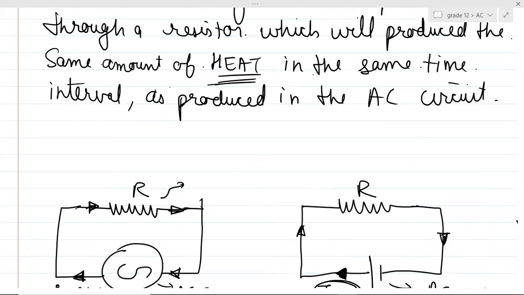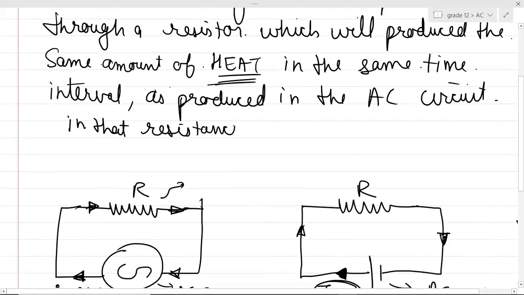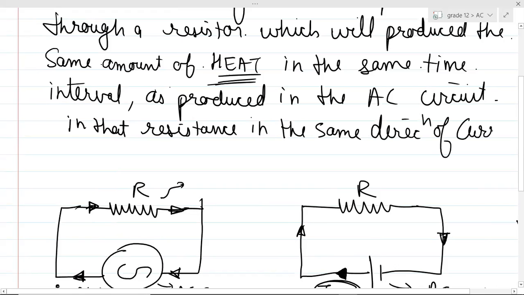So in the half cycle, does the direction change? No, sir. Okay, in that resistance, in the same direction of current. One more line we need to add.